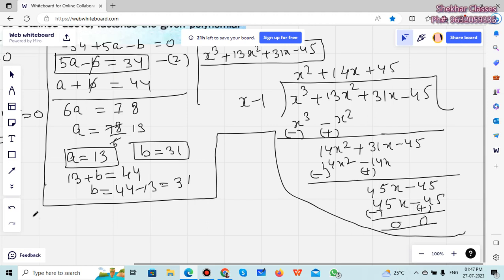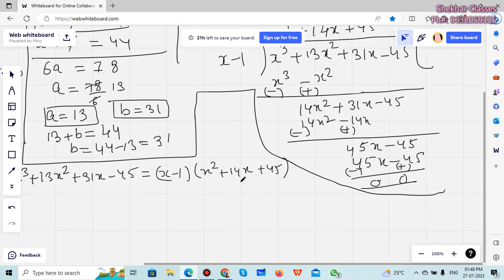I'm writing it here. X cube plus 13x square plus 31x minus 45 is equal to x minus 1 into what? X square plus 14x plus 45.